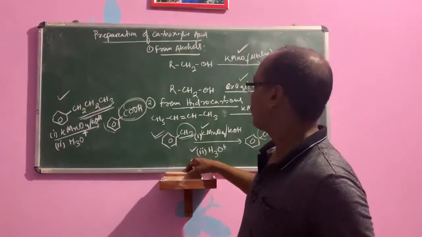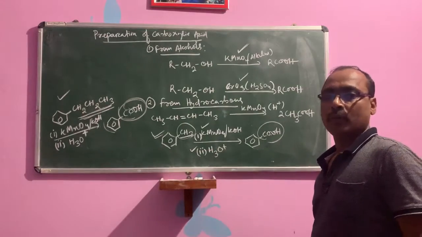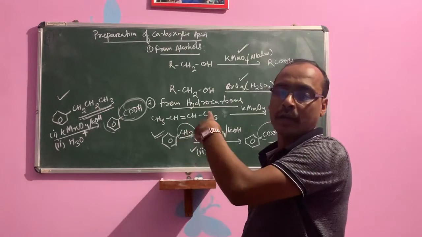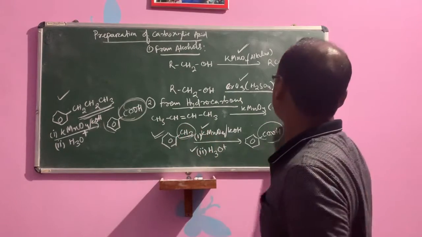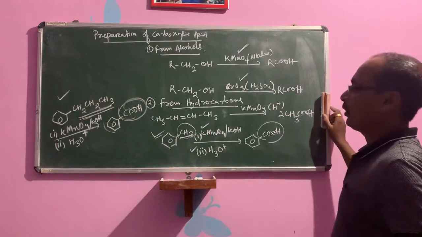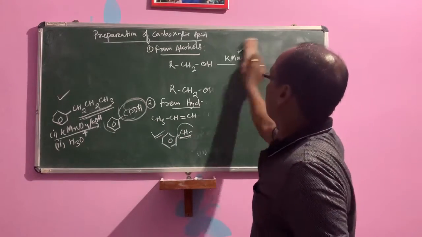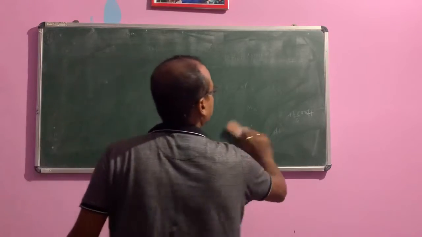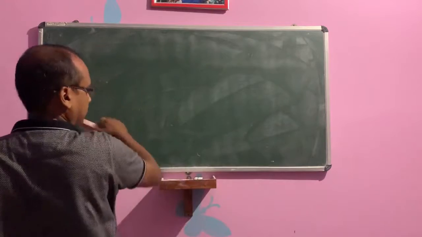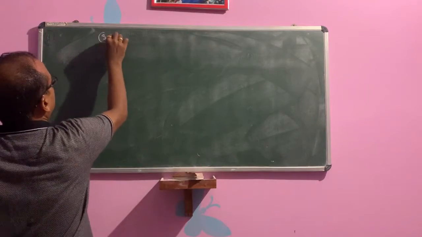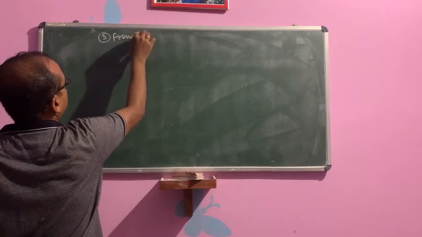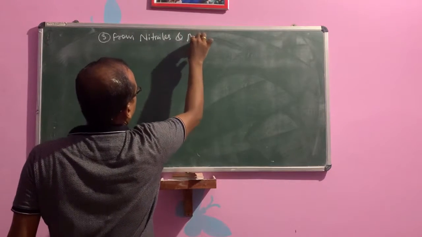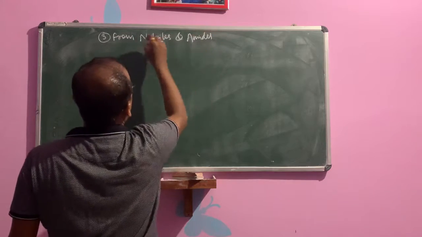Next, the first one was from alcohol, the second one is from hydrocarbon, and the third one is from nitriles and amides.